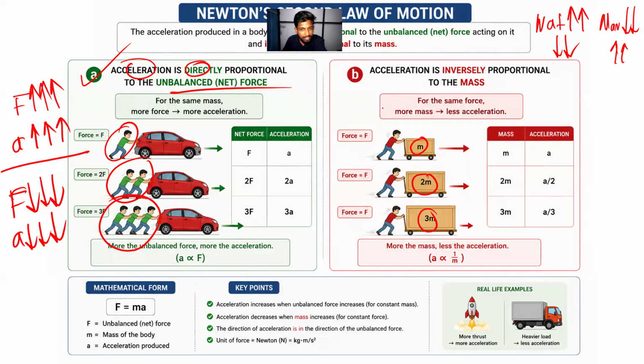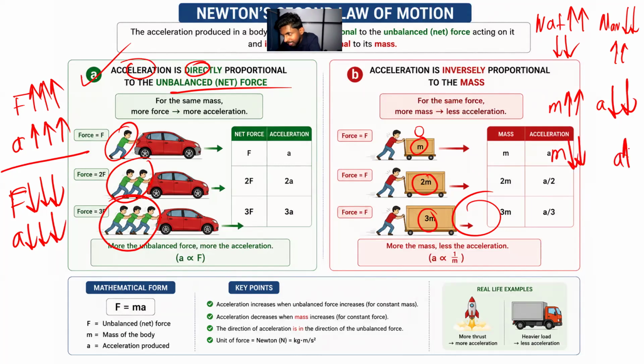When you're increasing the mass, just imagine you are pushing a small toy and you are pushing a big car. Acceleration will be decreased. So when the mass increases, it happens vice versa. Acceleration will decrease. If the mass decreases, what will happen? Acceleration increases. So this is called inversely proportional.